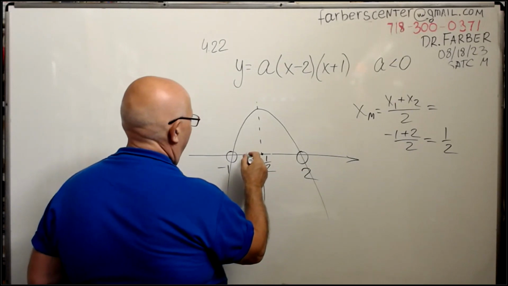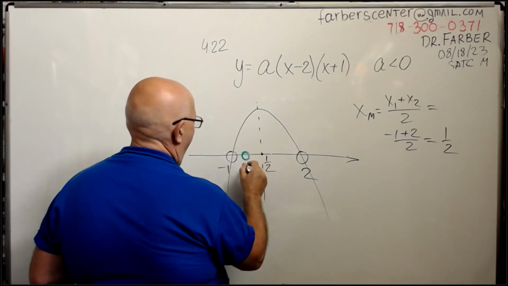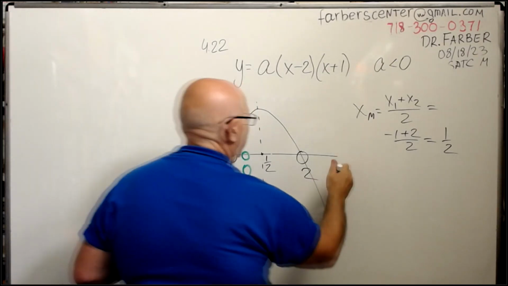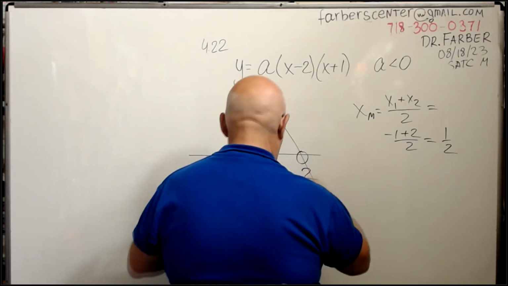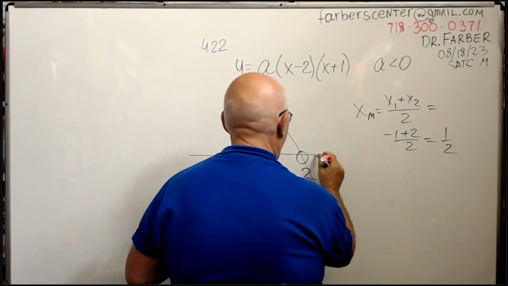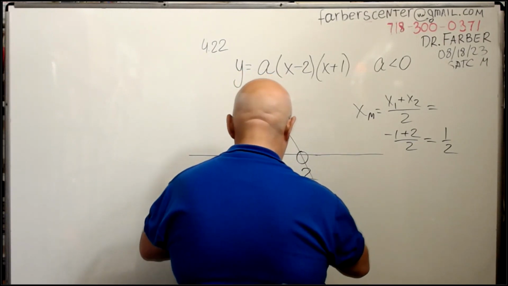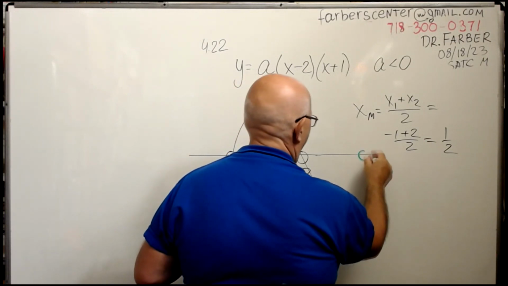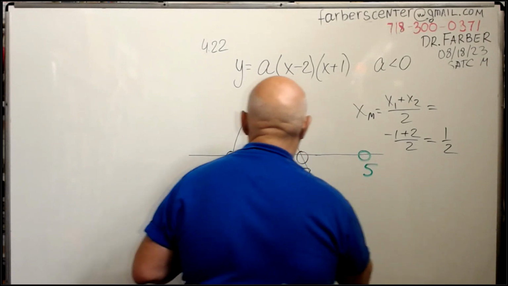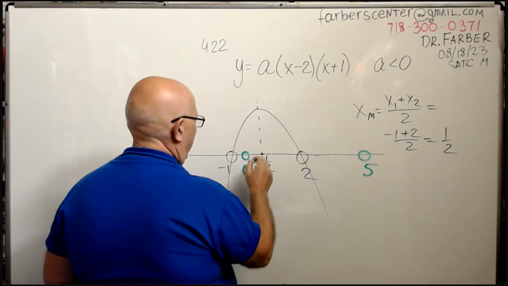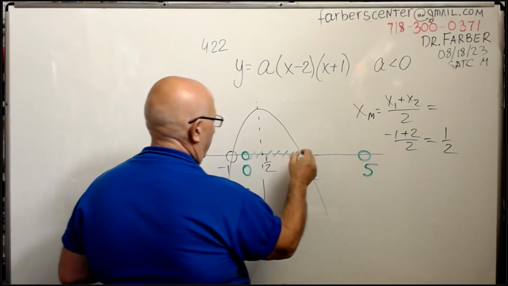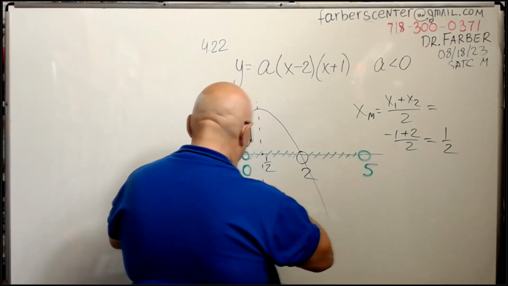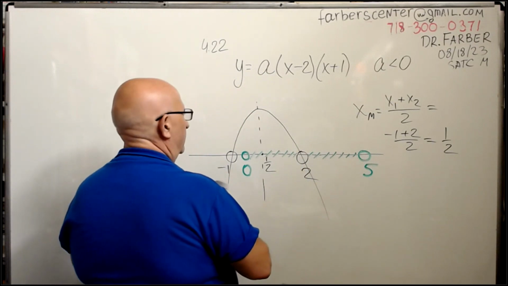Here somehow we have 0. And here, I expand this line. Somewhere we have 5. And this is from 0 to 5, and this interval. So our x increasing on this interval.